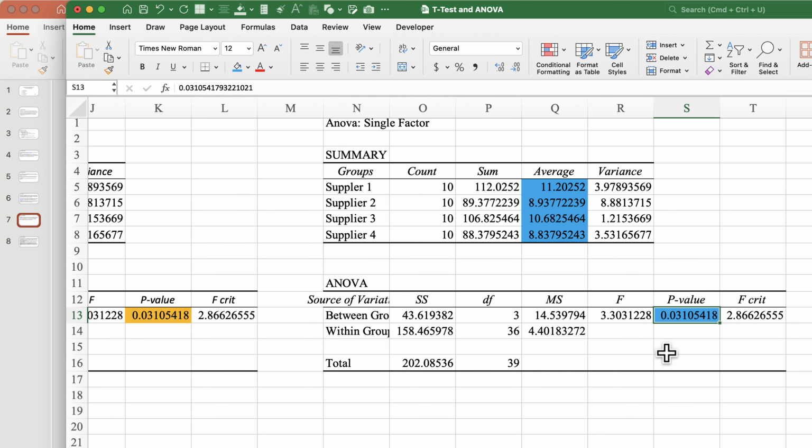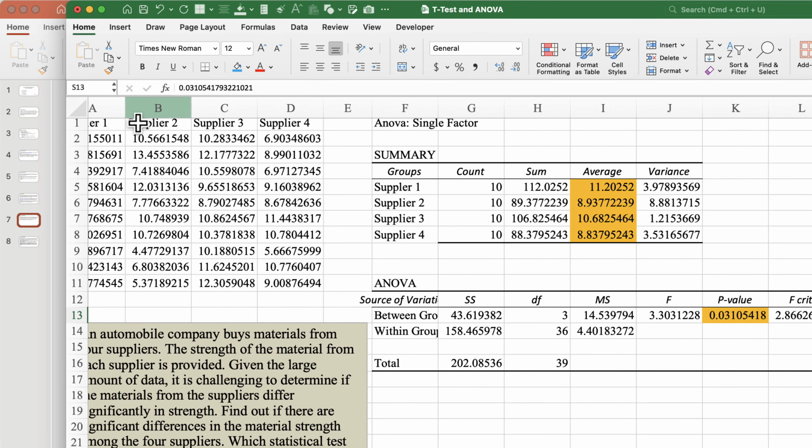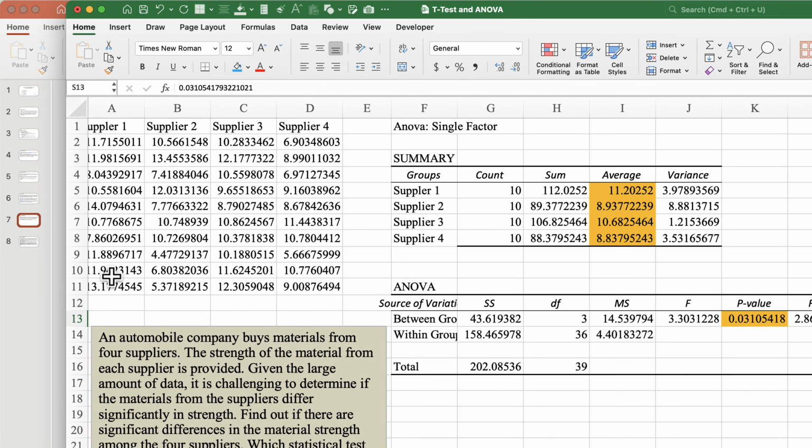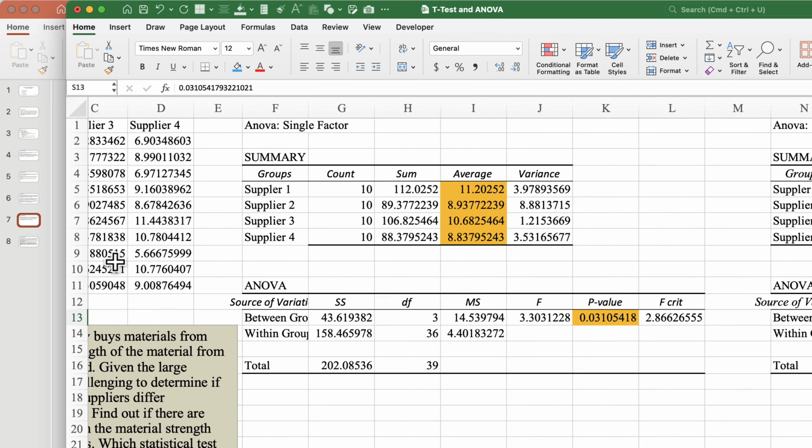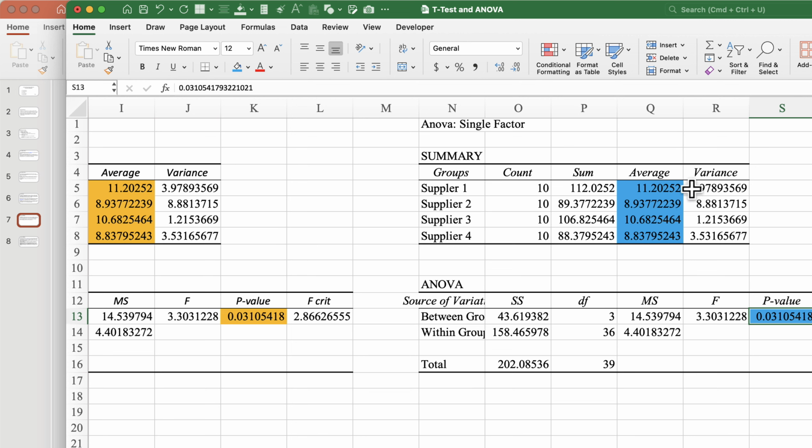And second thing is that because the p-value is low, it means although here we have limited data from 4 suppliers, only 10 samples, as you can see, these are 10 samples from each supplier, we can expect that these results will also hold in the broader population, which means we are confident that the same phenomena will also be observed in the broader population, or these results are unlikely to have occurred just by chance.